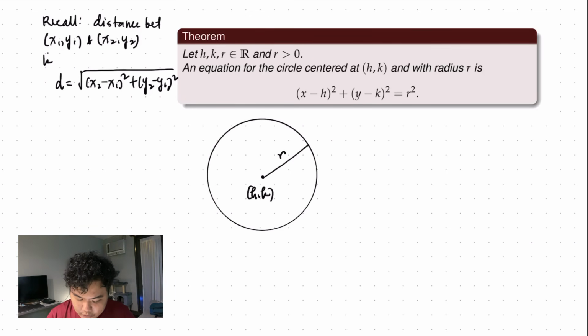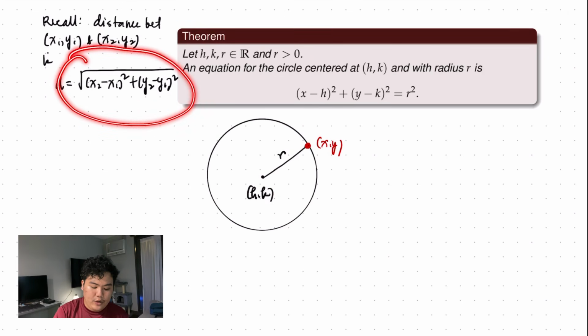So, you want to relate yung mga points doon sa circle. So, let's say you have an arbitrary point on the circle, (x, y). So, sabi natin, kahit sino yung kunin mo dito sa circle mo, ang distance niya from the center is r. So, we're going to use this distance formula.